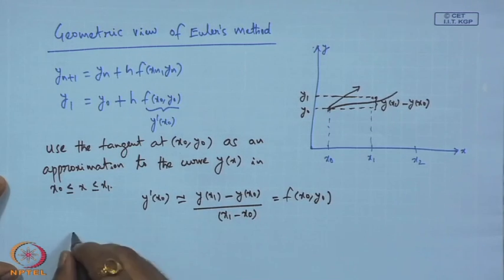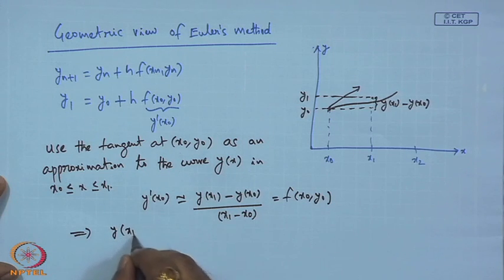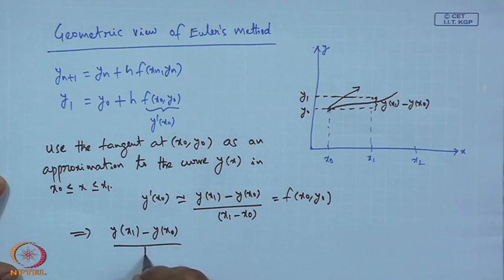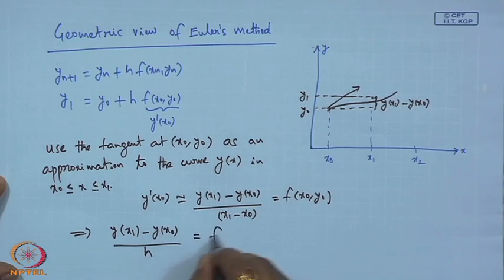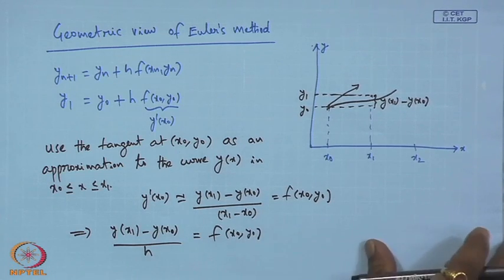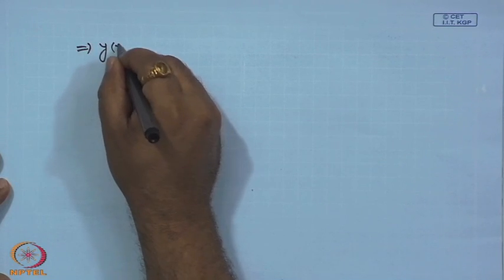Okay. So, this implies, so this we call H. So, this would give us y of x 1.